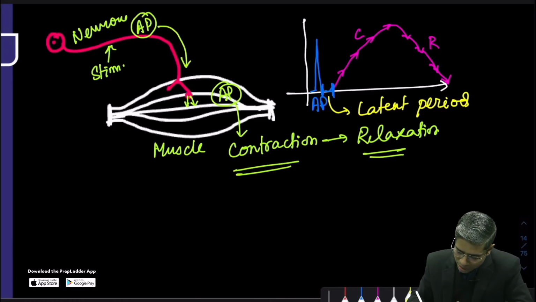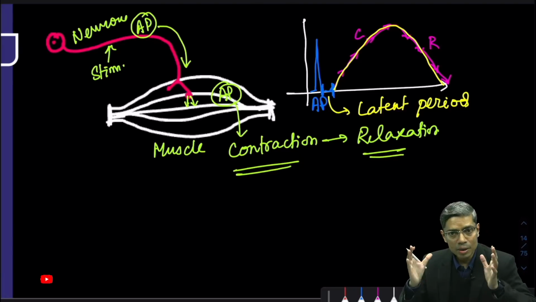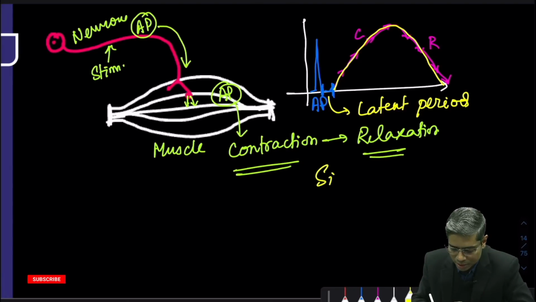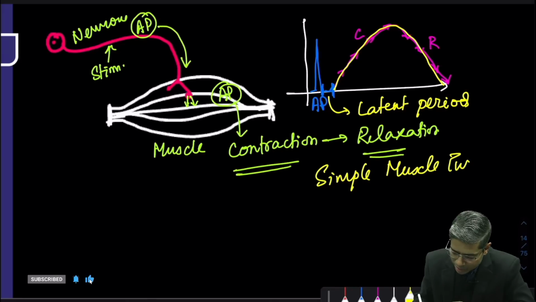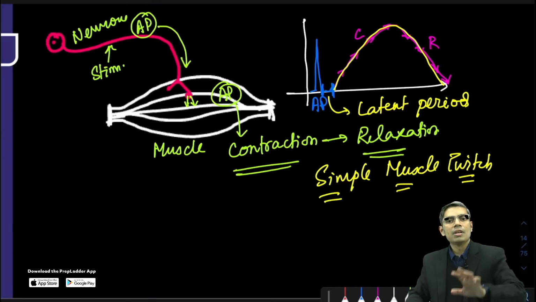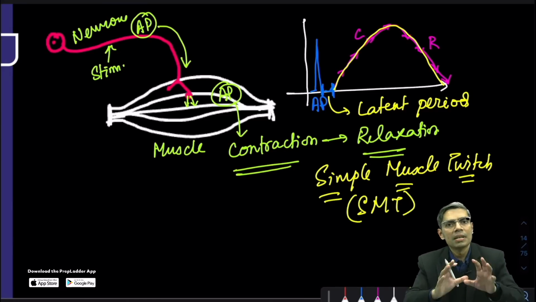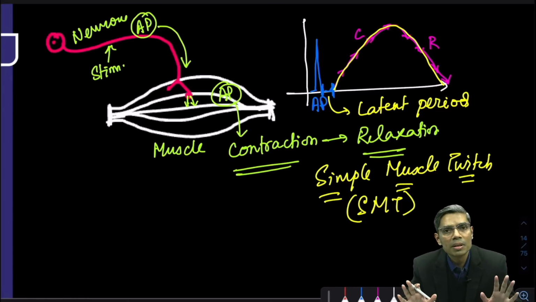The contraction and relaxation of the muscle as a whole is known as a simple muscle twitch, and sometimes we just say twitch. We say this is SMT, simple muscle twitch: the muscle contracts and then relaxes, only one contraction and relaxation.